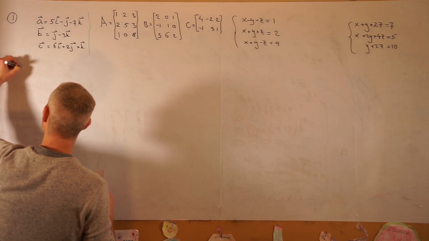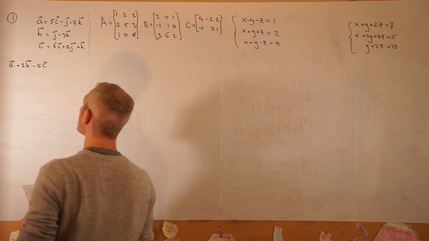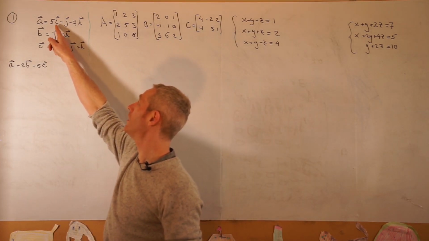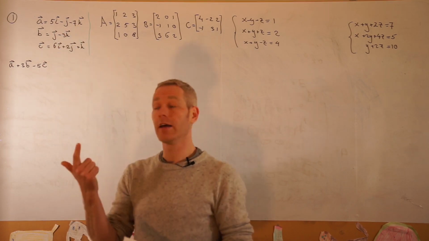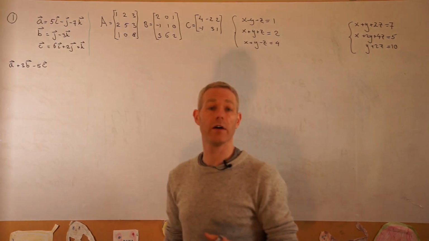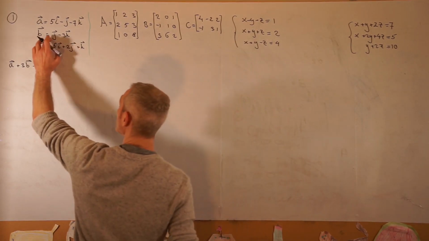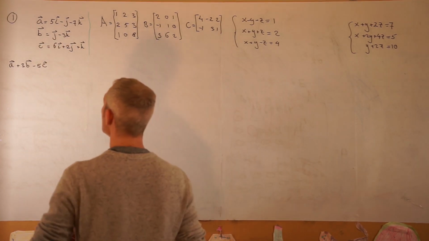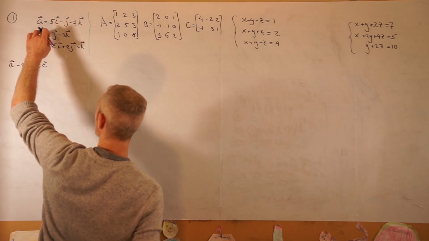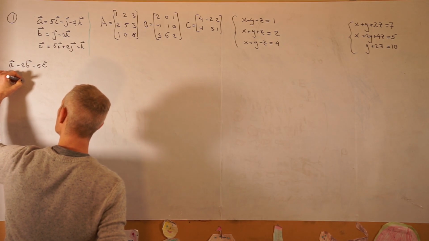a plus 3b minus 5c, and we can do this by going through all the different directions, the i, the j and the k direction. Please note that b has a factor of 0 in the i direction. Don't let that trip you up. So for the coefficient of i, we get 5 plus 3 times 0 minus 5 times 6 is minus 25i.